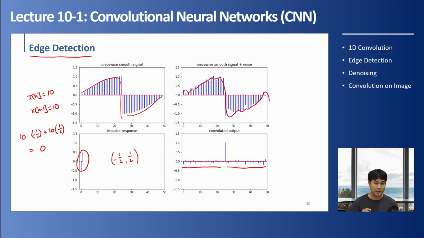Next, if we consider a case where two adjacent values have greatly different values, for example, x of n is equal to minus 10, and this is equal to 10, the convolved output will have a value of 5 plus 5, which is equal to 10.